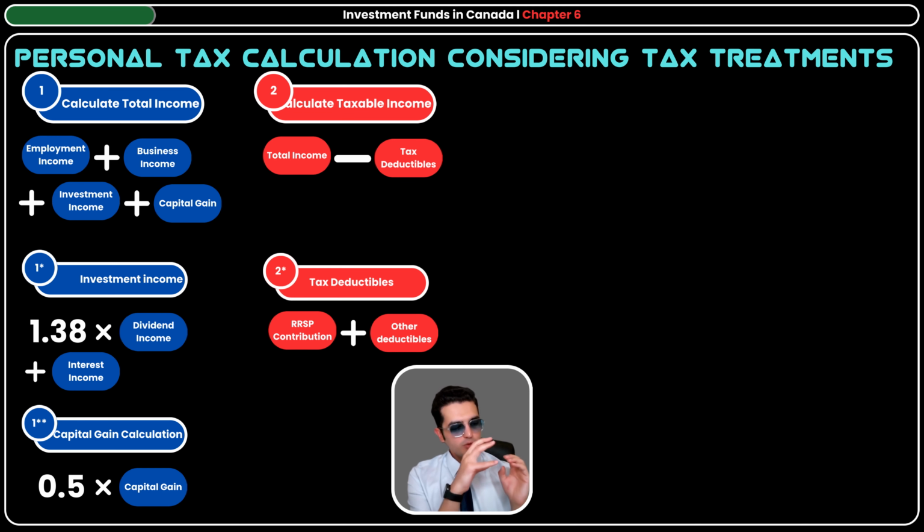You can transfer money to your RRSP and deduct that money when you're filing tax, and you can reduce the total taxable income you had. So the second step is total income minus tax deductibles. Now we have the new taxable income.